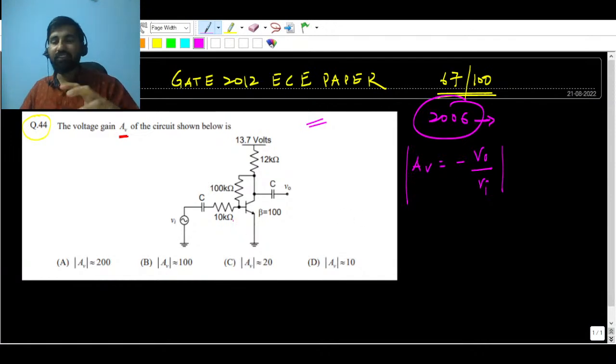The voltage gain for this transistor is V out upon Vi, the small signal voltage gain. As far as this transistor is concerned, you have applied voltage at the base terminal and you are taking the output at the collector terminal. So it is a common emitter amplifier. They have also connected the base and collector here, so this is a kind of feedback.